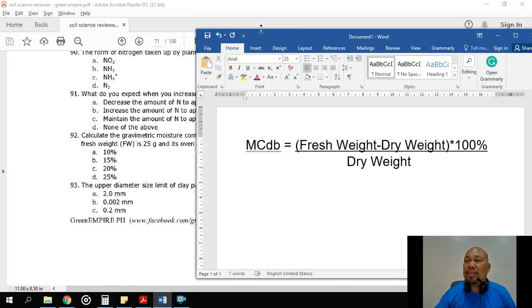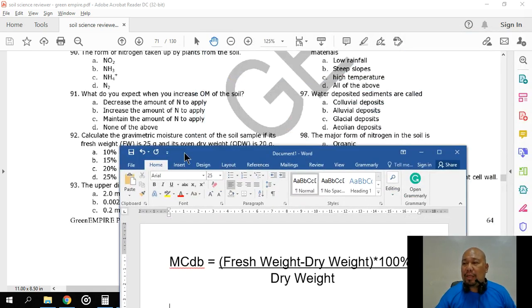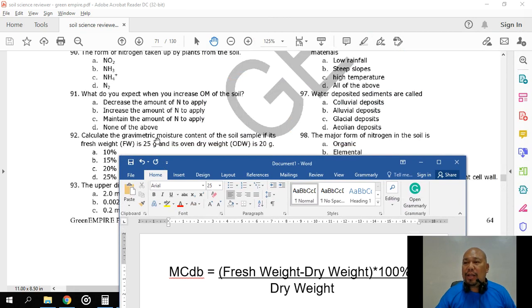So given this, calculate the gravimetric moisture content of the soil sample. If its fresh weight is 25 grams and its oven dry weight is 20 grams, that's 25 minus 20, that's 5 grams. 5 divided by 20 grams, the dry weight. 5 over 20 is 1/4, or 0.25 times 100, it's 25%.